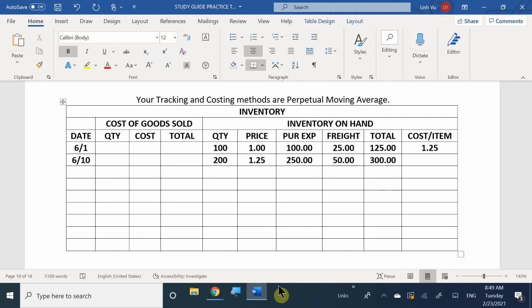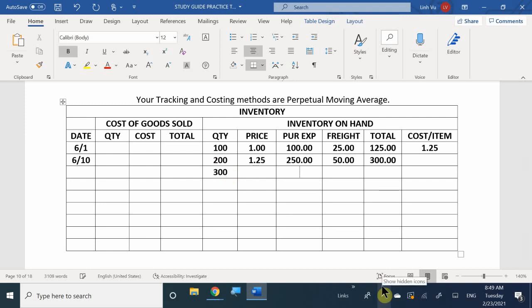Now, what do we have to do here because it's moving average? Can we solve our cost per item right now? We have to make average for 300.